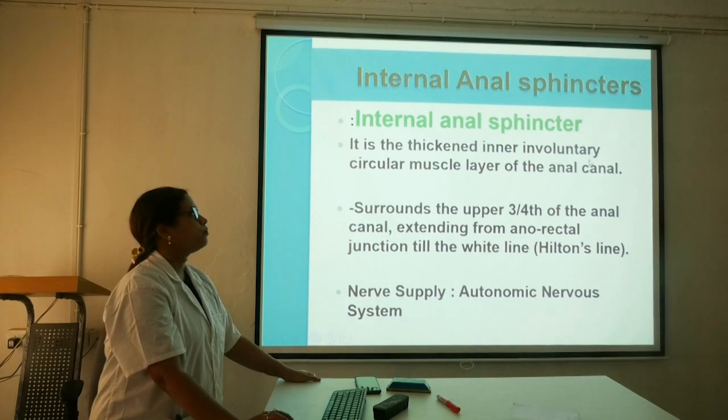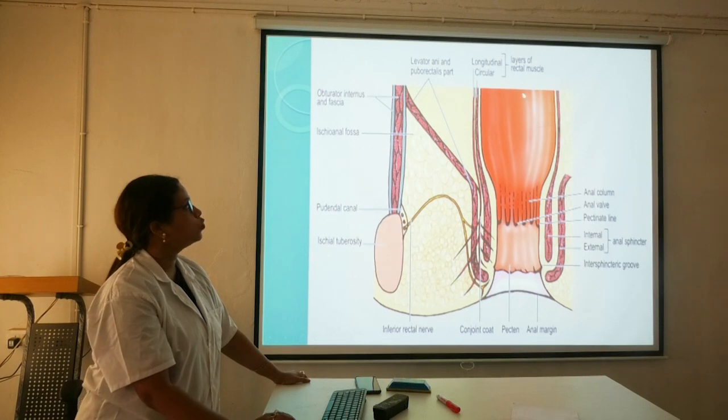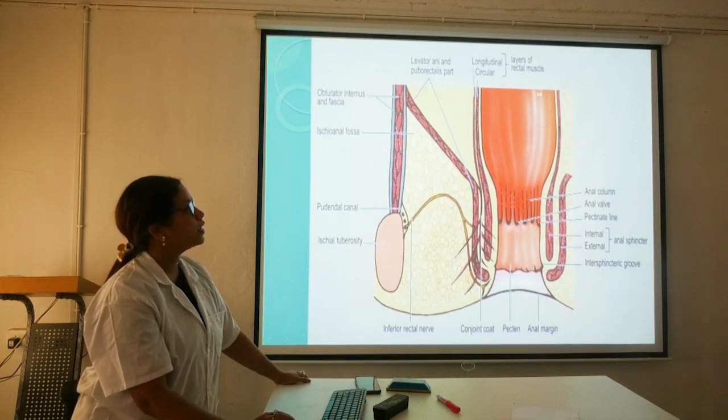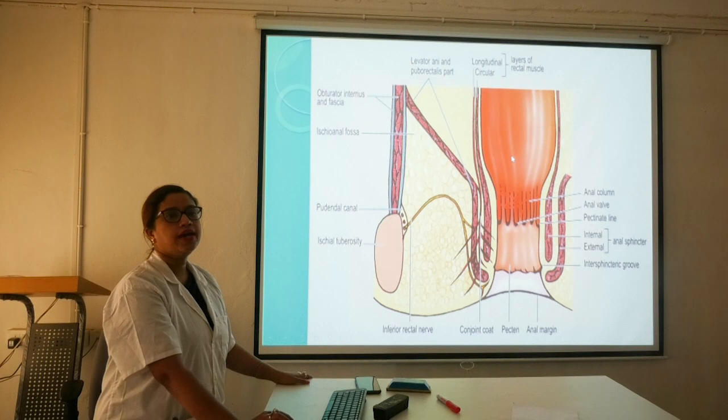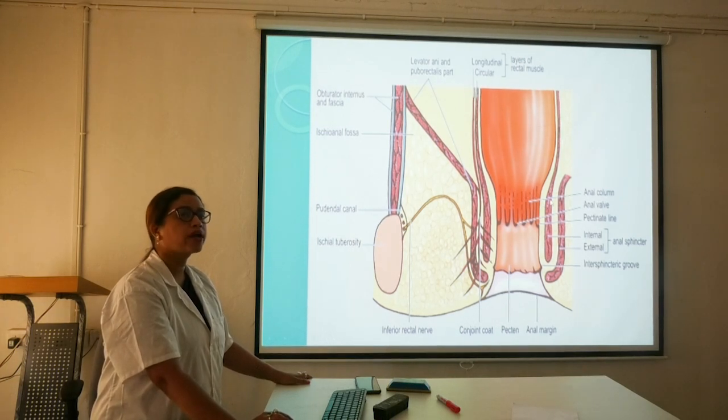Okay, so see, for those who came late, this is the anal canal. It is divided into upper 2/3 and lower 1/3. How? By this pectinate line. In the pectinate line you could see these are the columns of Morgagni.